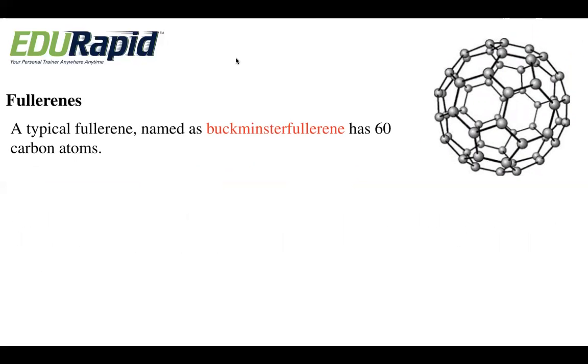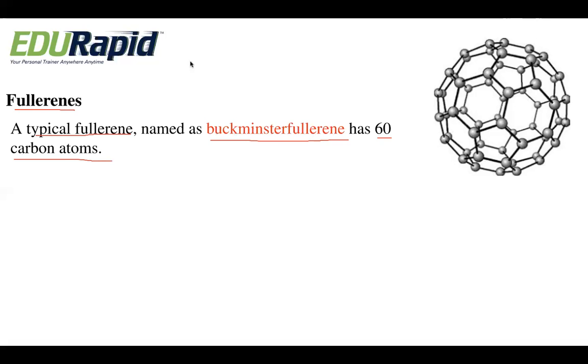We will study the next important allotrope of carbon. Fullerenes. So what is a fullerene? A typical fullerene, named Buckminsterfullerene, has 60 carbon atoms.